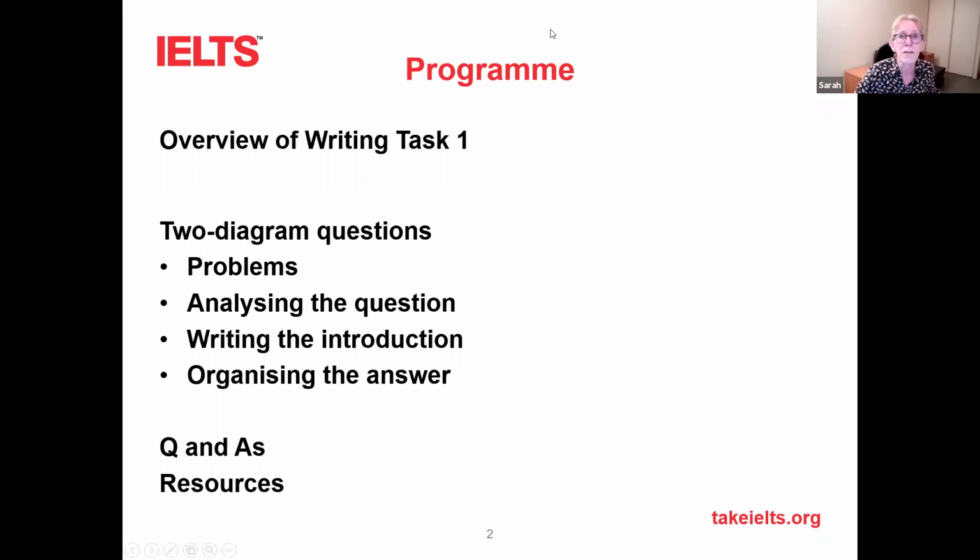But first of all, just to find out a little bit more about you, I'm going to put up a poll question. So just 2 questions here for the moment. Have you taken the IELTS test before? Yes or no? And if you are a test taker, what score do you need? Don't worry if you haven't taken the test or you don't know what score you need, but for those of you who do, if you can just look at the poll, and if you can, hold on, I know, sorry, I've just got the wrong thing.